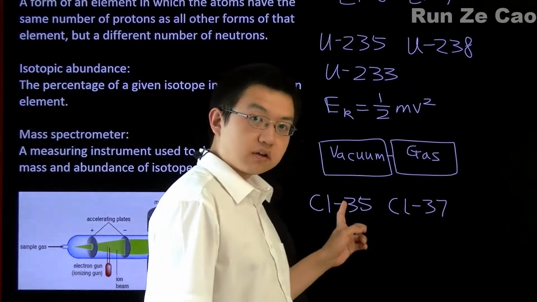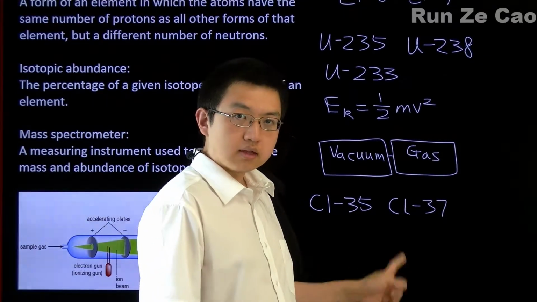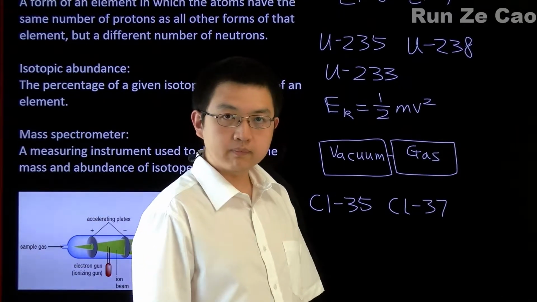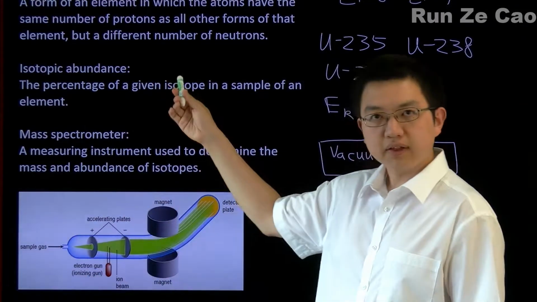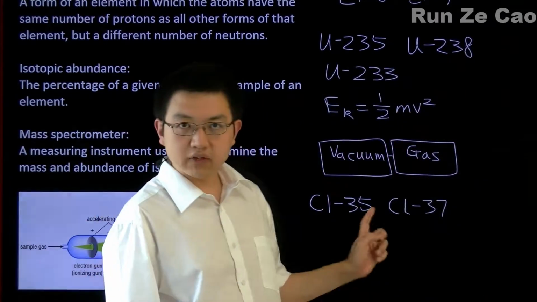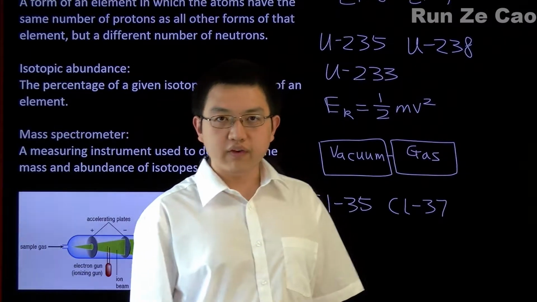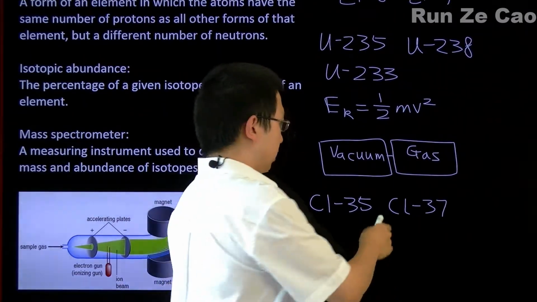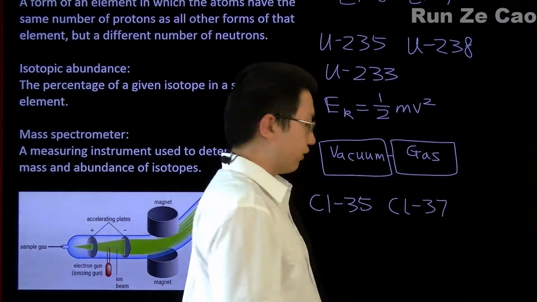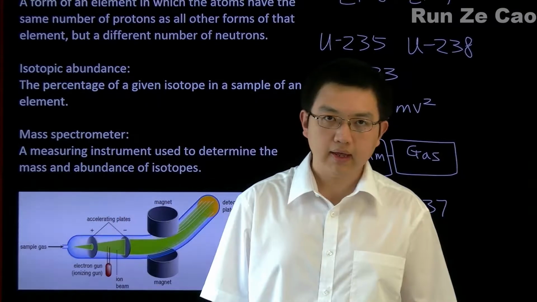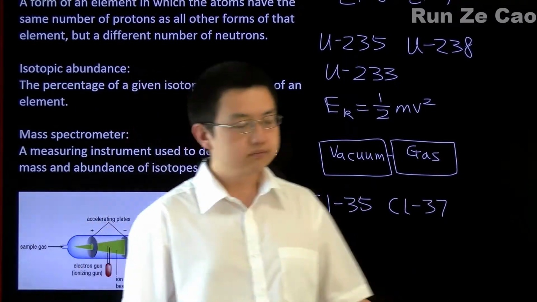This has approximately 35 for its atomic mass. This has approximately 37. What sort of abundances make it so that the weighted average comes out to 35.45? Well, there has to be about 22.5% of this, and the rest is Cl-35.